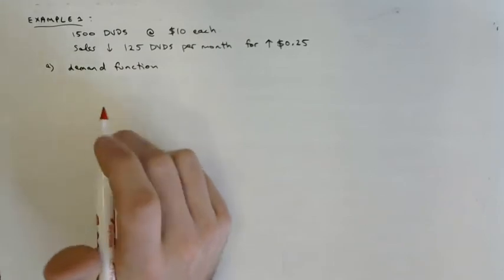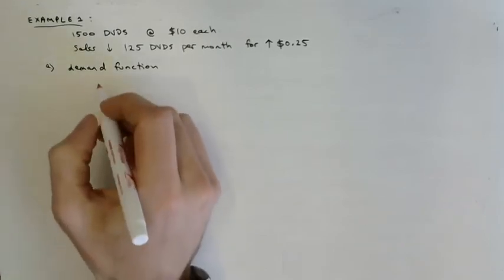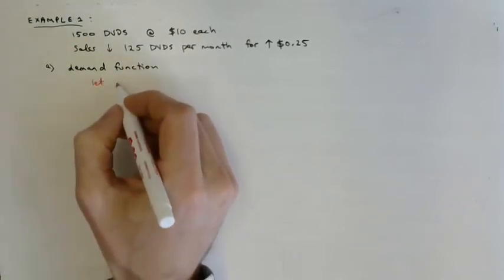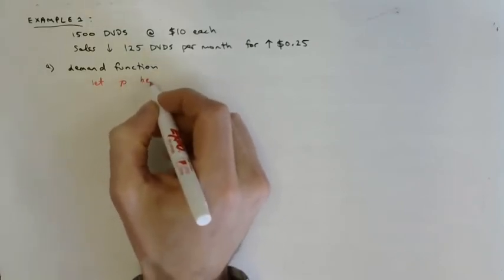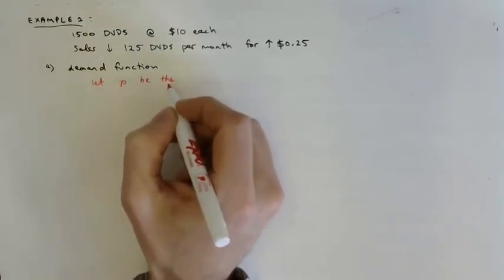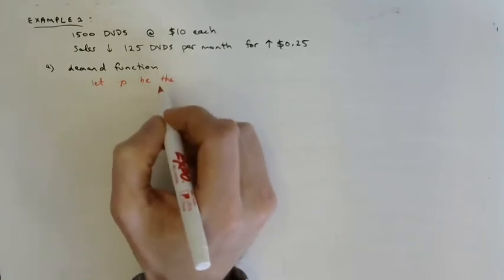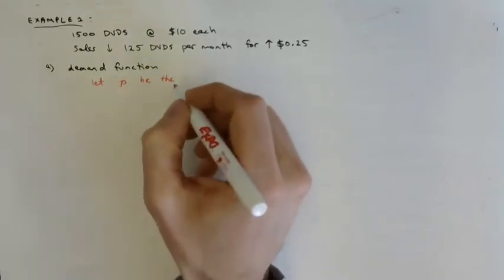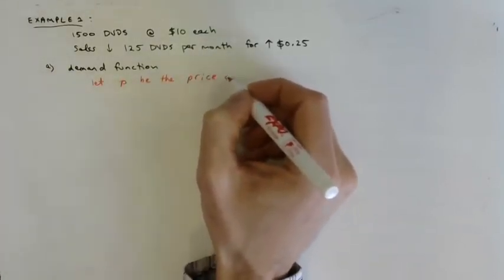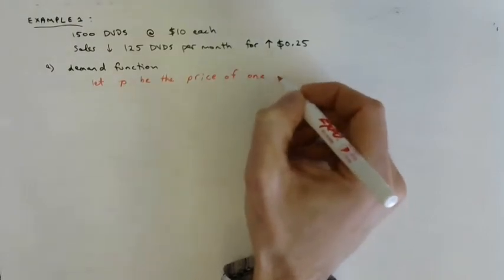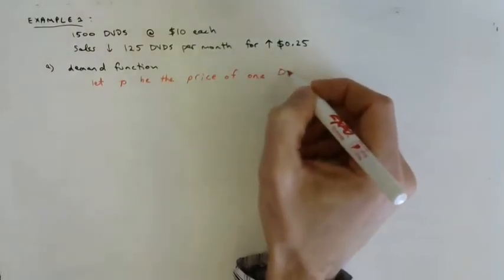So first, we're going to have a couple let statements. Let p be the price of 1 DVD.